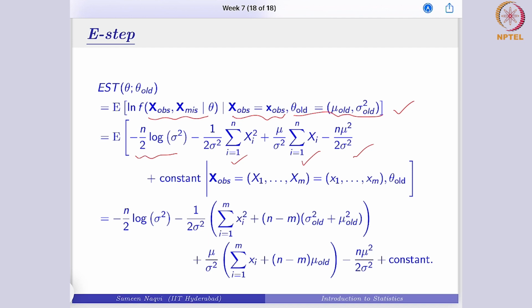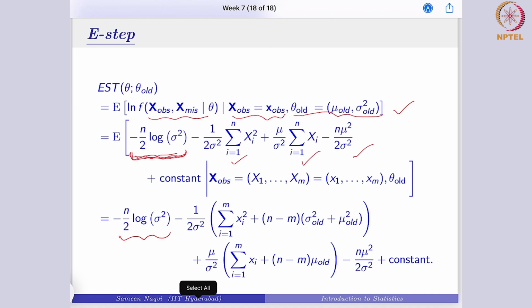Now when I am taking the expectation inside, I have to solve it for each term. So let us first see what are the constant terms. If I take the expectation of this term, it is a constant, so we will just have the same term coming over here, minus n by 2 log sigma square.